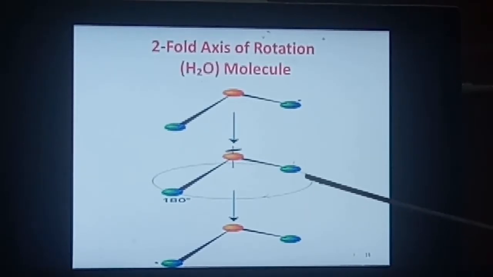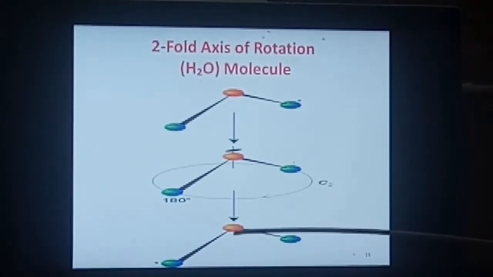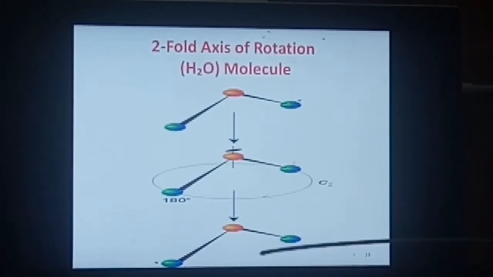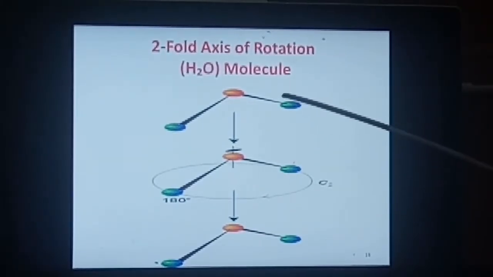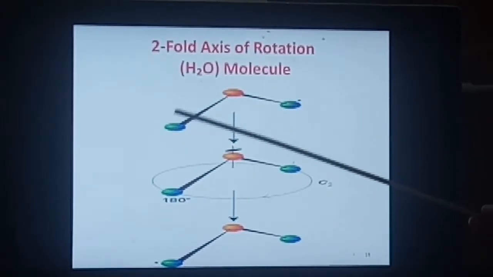This is the process of rotation and we will get this structure, where the marked hydrogen will come here. This is the equivalent orientation. If we again rotate it 180 degrees, then we will get this structure, that is the original orientation.